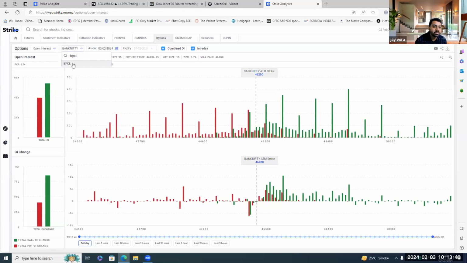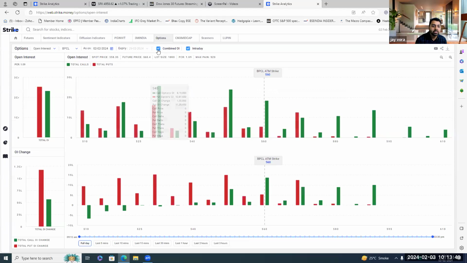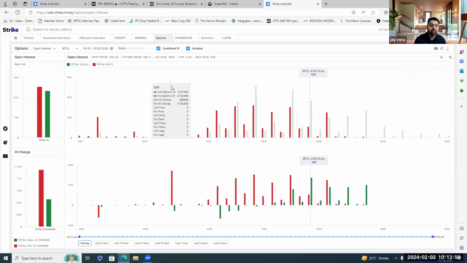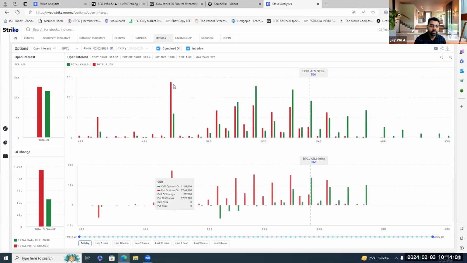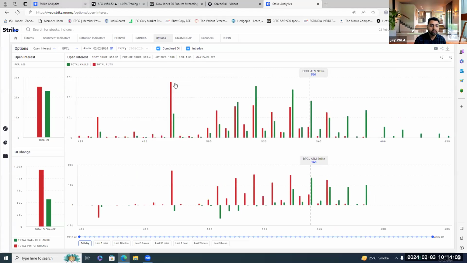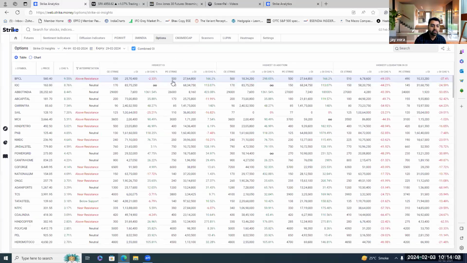So in case of BPCL, as you can see, I have clicked on combined OI. The moment I zoom out, what I get to see is that the 500 put, which is the red one, has the highest open interest. So this is where, if you see the screen, the highest open interest the system is showing me is at 500.